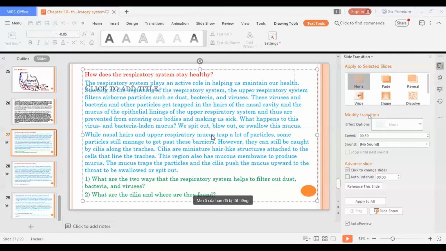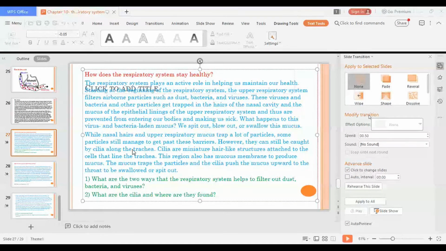Okay, and we still have the third way. If you continue reading, you can find the third way. Nasal hairs and upper respiratory mucus trap a lot of particles. Some particles still manage to get past these barriers. However, they can still be caught by cilia.